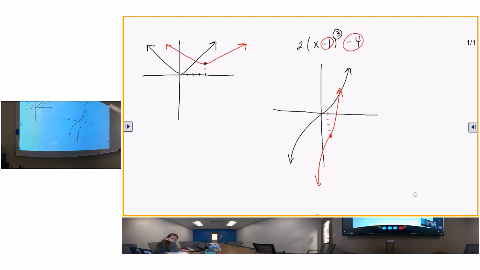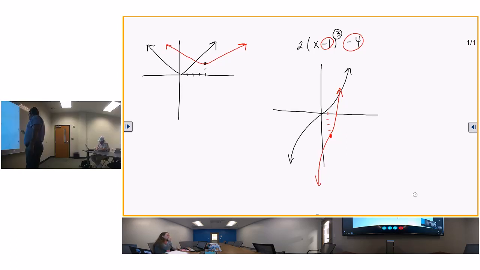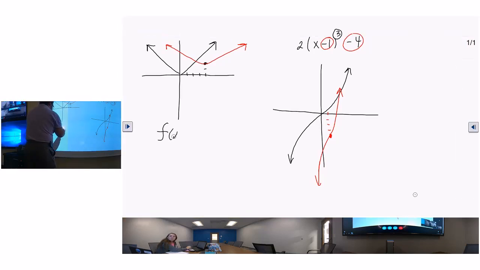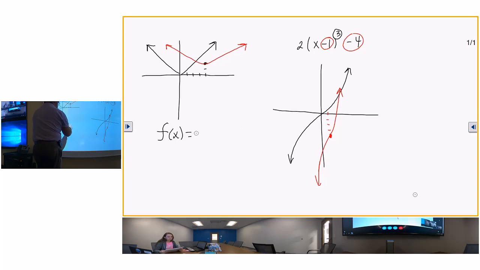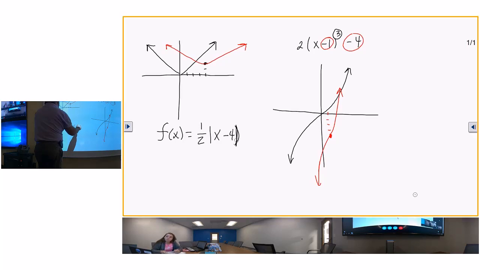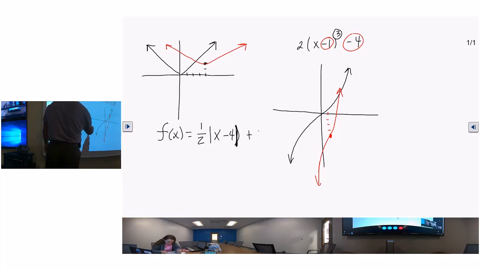No matter what you're talking about, I think this is where I left off last class. If you're talking about this, what do we say this was? 1/2 absolute value of x minus 4 plus 2, is that what it was? Yes.